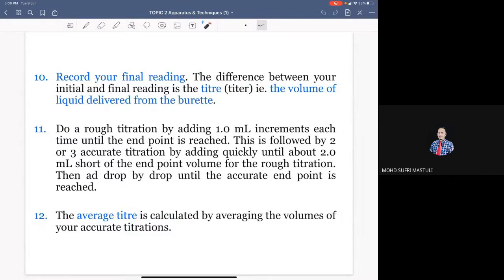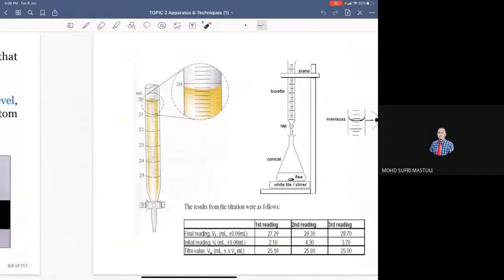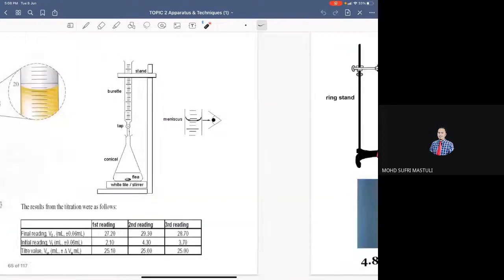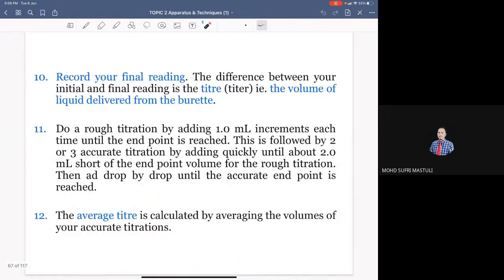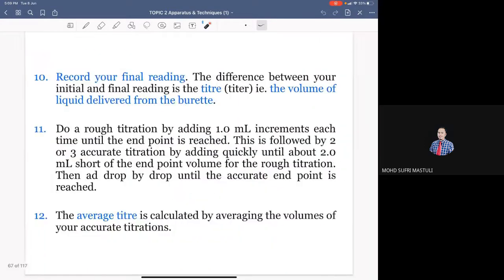Before starting the titration, make sure you record the initial reading, and then after you open the turning tap, you can record the final reading after the endpoint is reached.